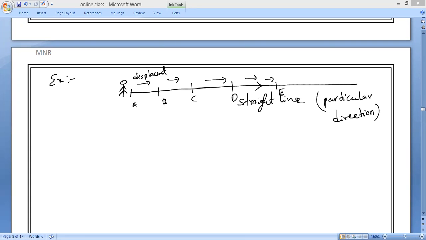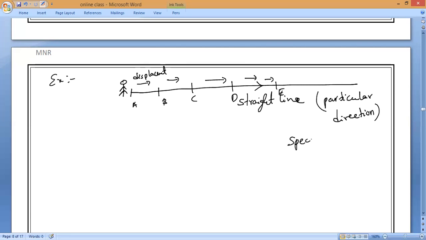Now, what is velocity? A body is said to be in uniform velocity or constant velocity when it is traveling in a particular specified direction, covering equal distances in equal intervals of time.